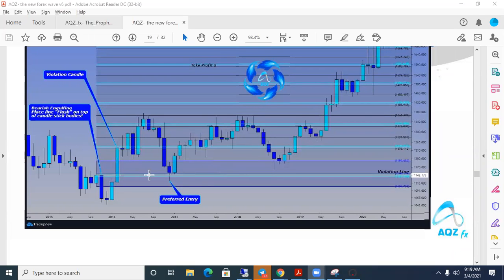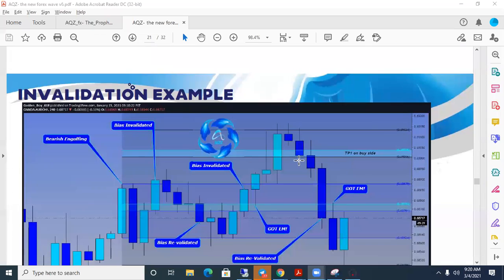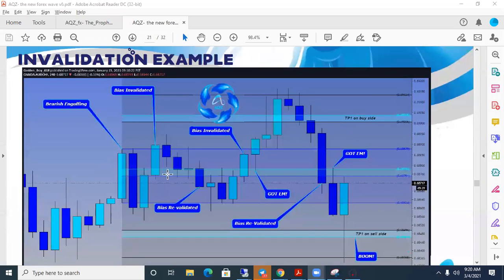So please, you need to have that at the back of your mind. So these are examples of invalidations. And with AQZ, you could get invalidated a couple of times before price would take a direction.